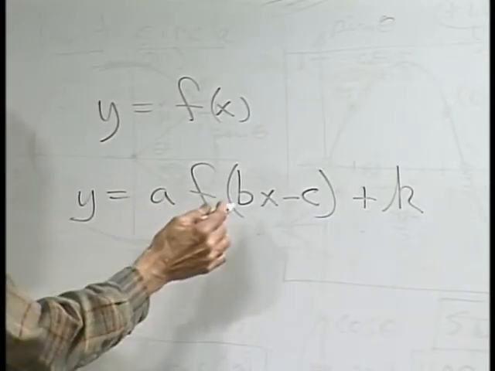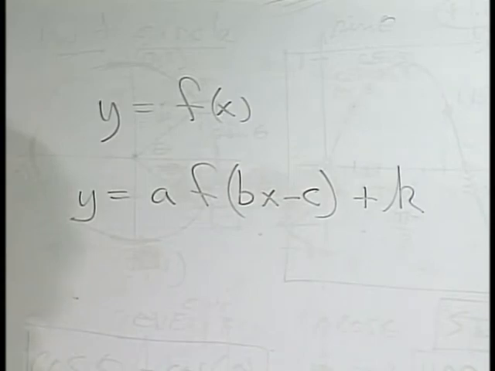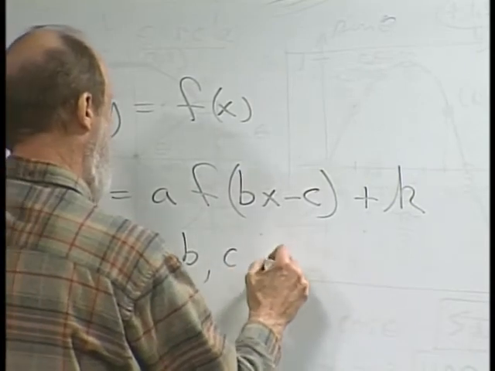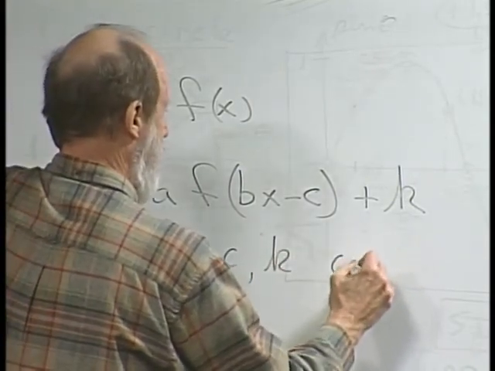Where A, B, C, and K are all numbers, constants. A, B, C, and K are constants.